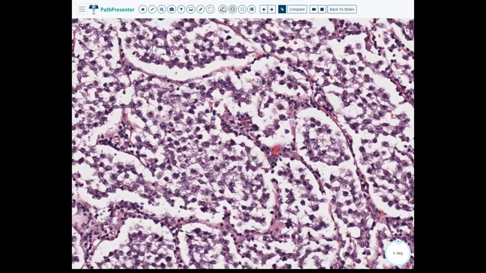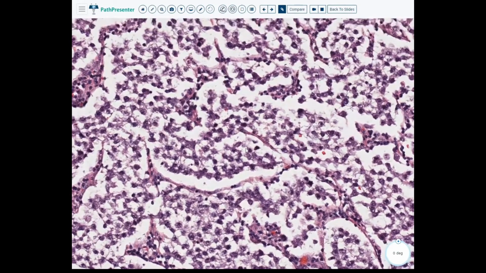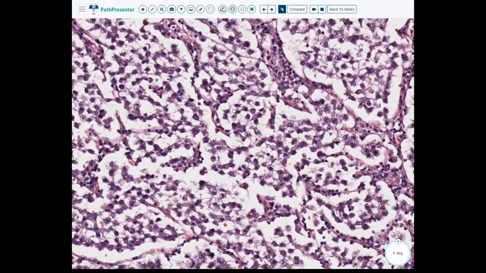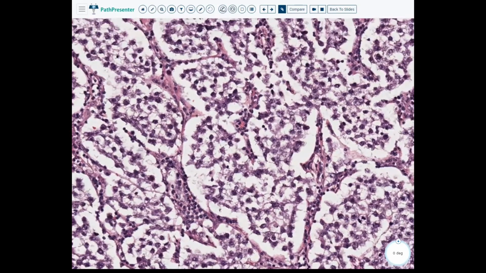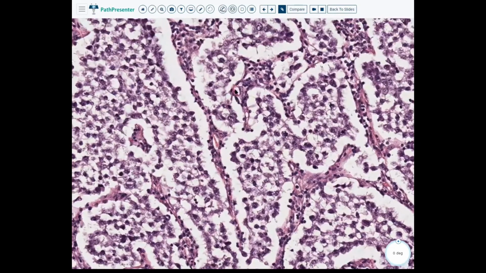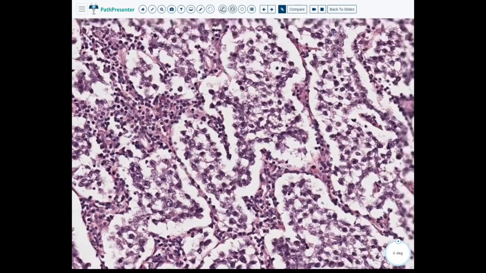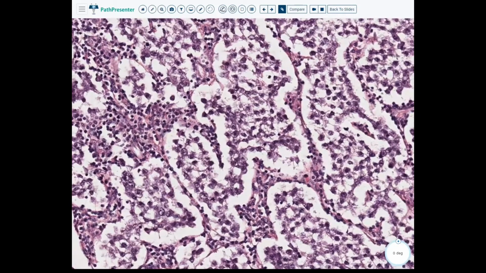And where there is cytoplasm, it is clear. Okay, we're not going to spend too much time on this. There are some nucleoli. This is relatively bland. Not having mitotic figures jump out at us. Again, lymphocytes within these fibroseptae. So what are we looking at? Hopefully you know where we're going with this.